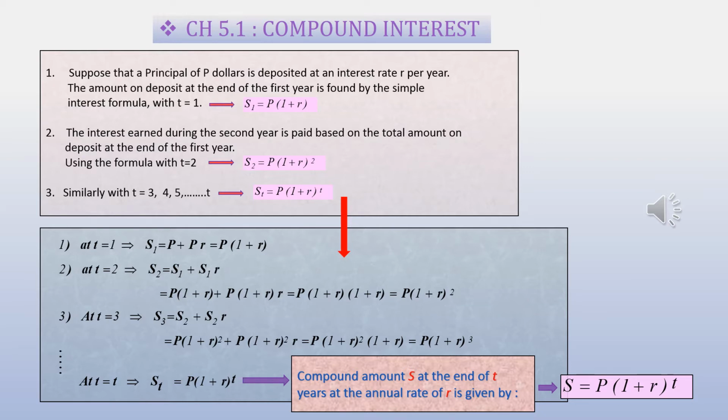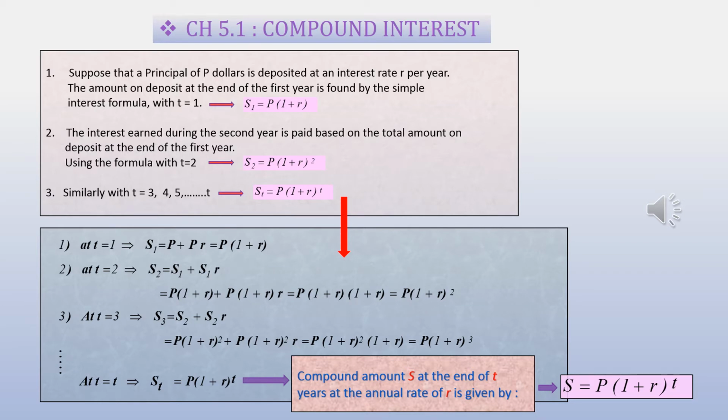Now let us calculate the money in the second year. At t equal to 2, S2 equal to S1 plus S1 multiplied by R. So S1 here is the principal in the second year.